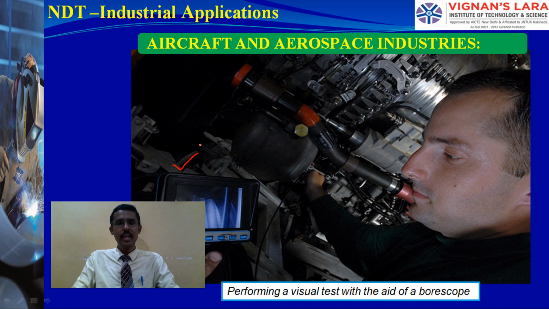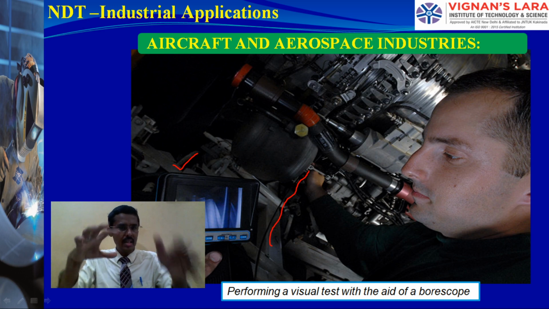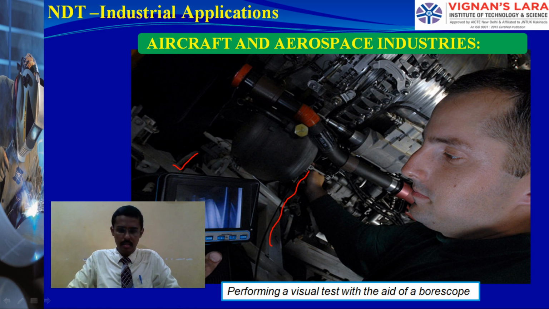In such a way, a boroscope wire is taken by hand into the engines, because there are non-accessible zones in the tightly packed engines. Therefore, we are trying to find the defects and discontinuities using visual inspection aid methods such as a boroscope.